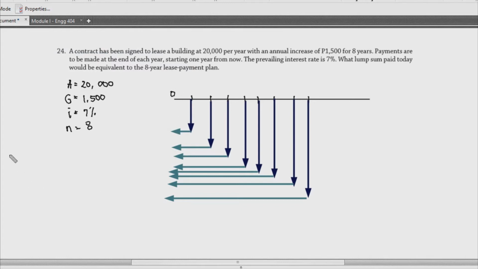So with this, using our formula, P is equal to A, our annuity, so let's not forget that: 1 minus 1 plus I raised to negative n over I. This is just our annuity.